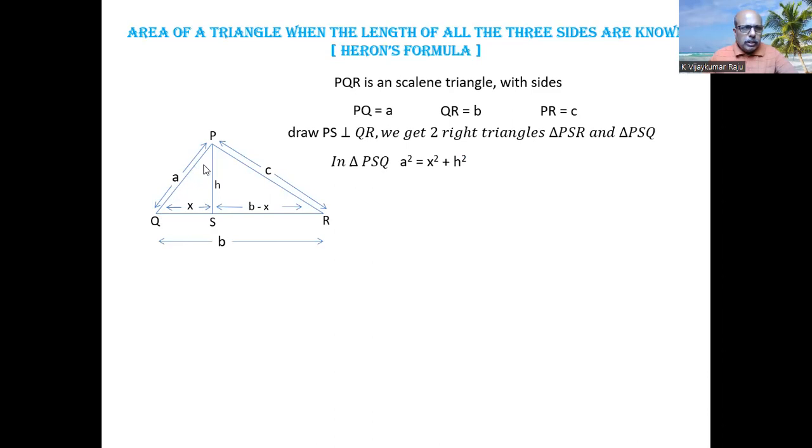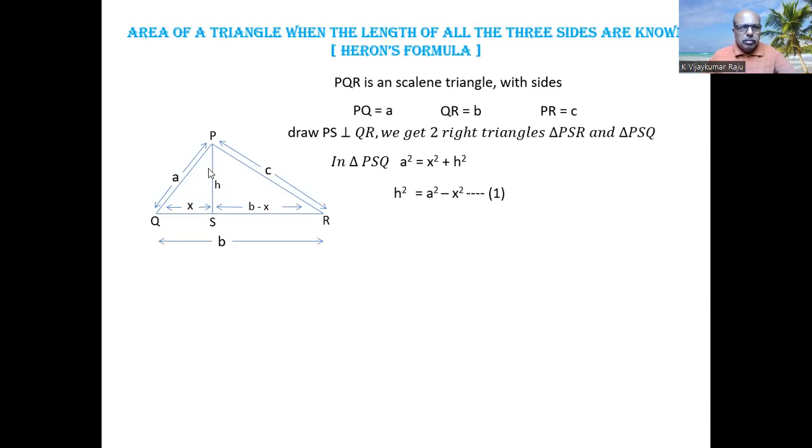Therefore, A square, this is the hypotenuse, so the hypotenuse square is equal to the sum of the squares of the other two sides. So A square is equal to H square plus x square. So H square will be, if you take this to the other side, H square is equal to A square minus x square.